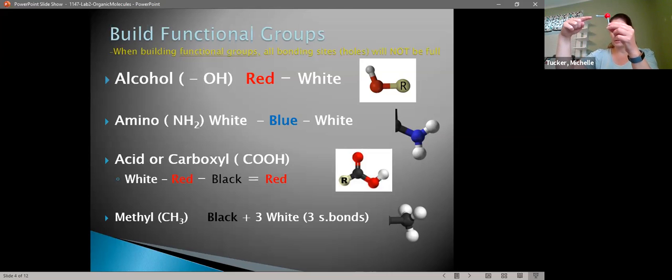Why do some functional groups have pluses and some have minuses? Because some things are charged and some things are not. Oh, so what you're seeing here is actually not a minus. This is a bond, an open bond. But some things are going to have pluses and some minuses.